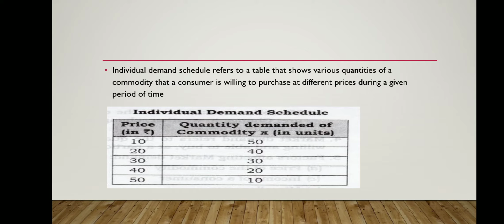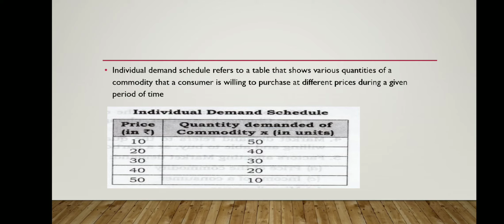Here is an example, you have seen individual demand schedule. Here are the prices like rupees 10, 20, 30, 40 and 50, and quantity demanded of a commodity, we will assume it's a commodity X. In units we demand 50 at the price of 10.